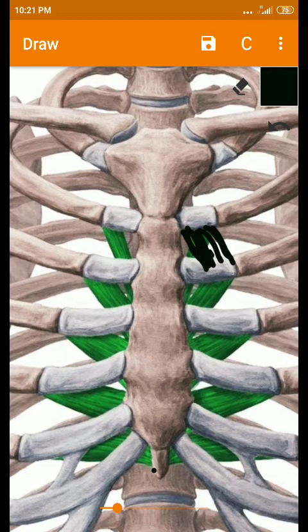The triangularis sterni attaches to the posterior surface of the xiphoid process and the internal surfaces of the costal cartilages of ribs 3 to 7.